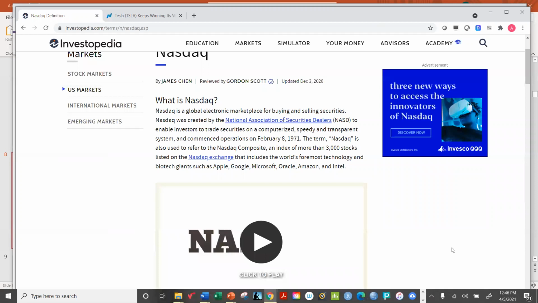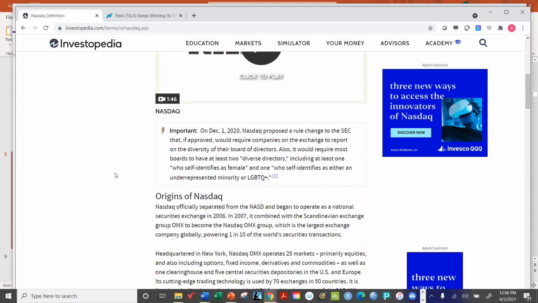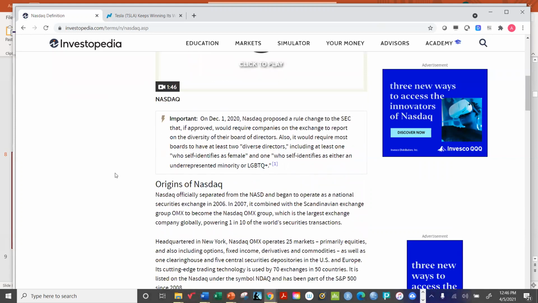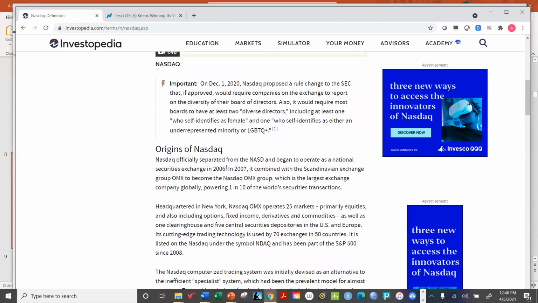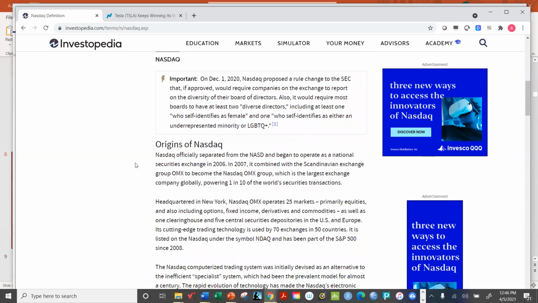This was a technological breakthrough where suddenly it became possible to trade stocks through computers rather than through human beings. And so it grew very quickly. It became a national exchange in 2006. Then it looks like they merged with the Scandinavian exchange OMX.